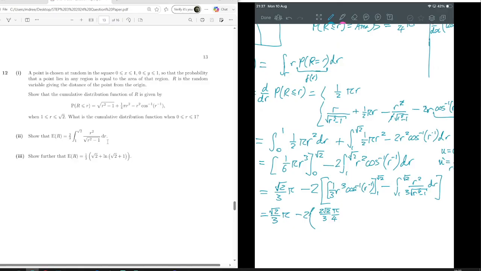That's pleasing. Minus, when I sub 1 in, that's a third. Cos inverse of 1 is just 0. And that's really, really pleasing.